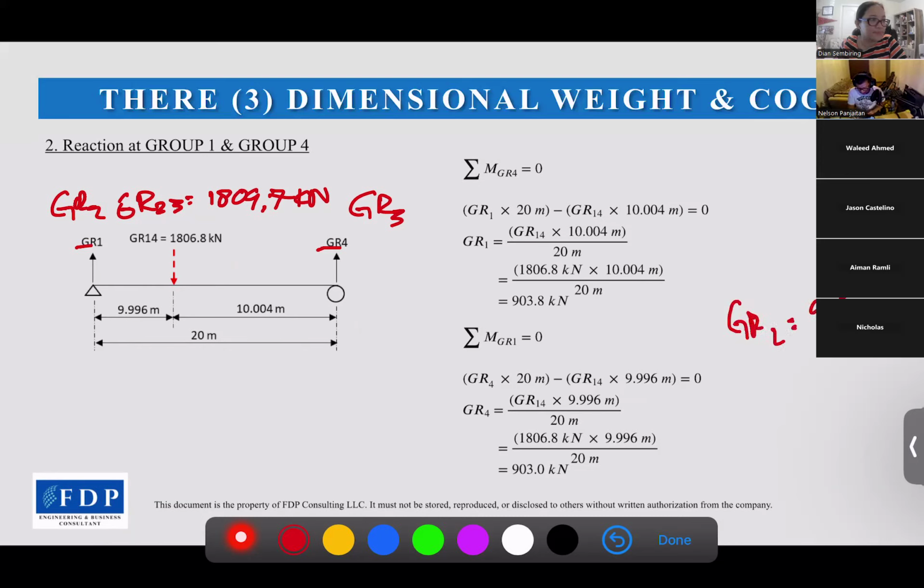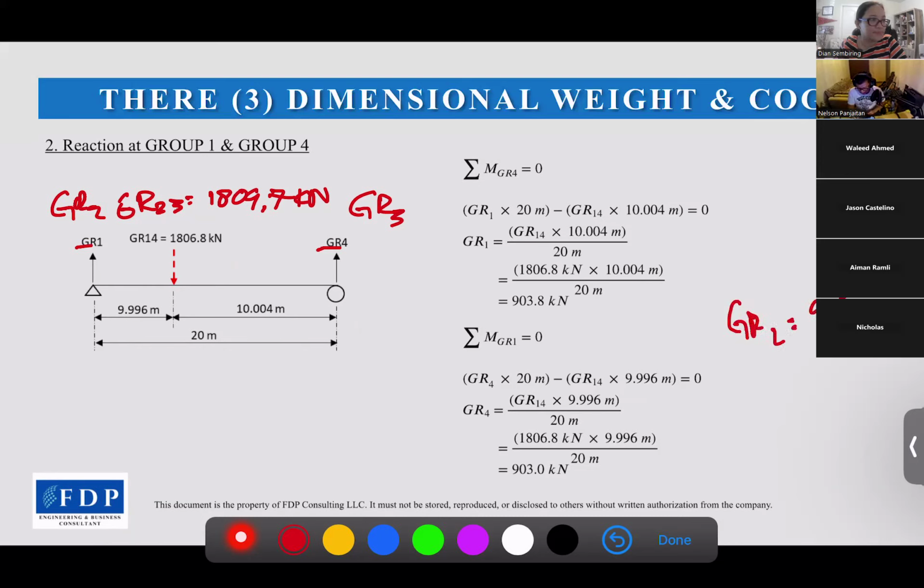To find the reaction on group 2, we use the total moment at group 3 equals 0. What are the moments acting on group 3? They are group 2 times 20 meters minus group 2 3 times 10.004 meters.